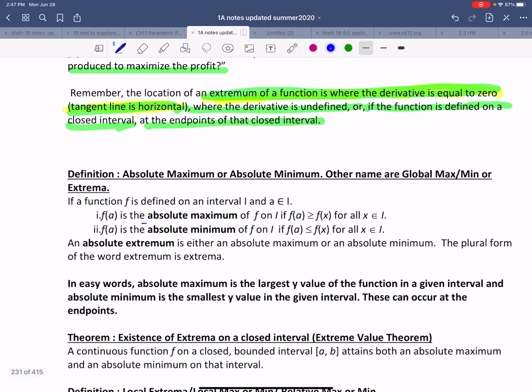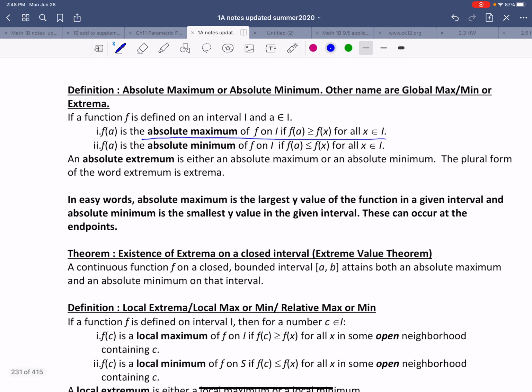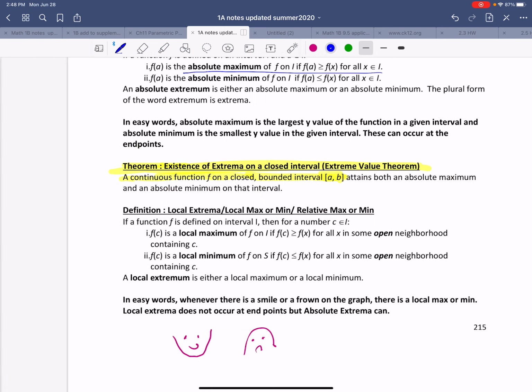So again, we just said that absolute max is the highest possible point. What if you're thinking about a closed interval? Theorem of existence of extrema on a closed interval. Extreme value theorem: if you have a continuous function on a closed bounded interval, the a, b have brackets around. So these are the points defined for your function.